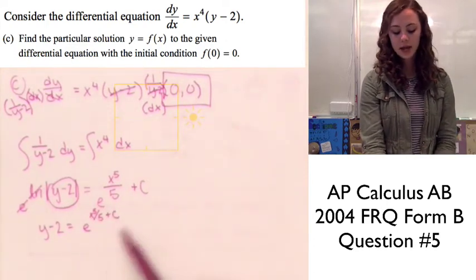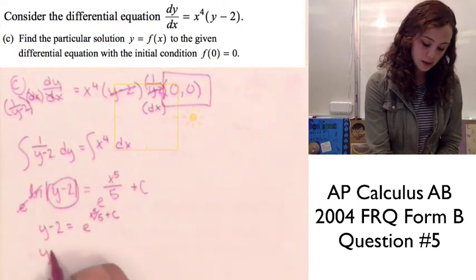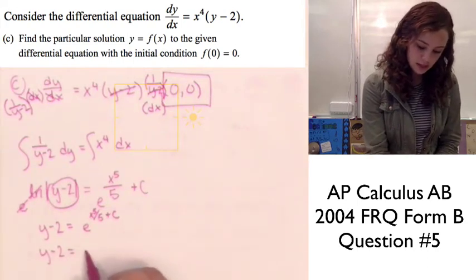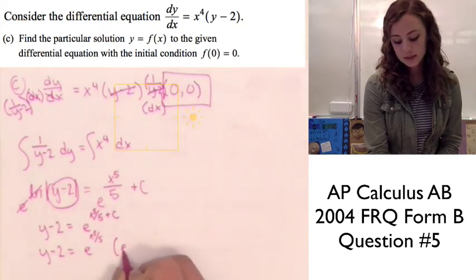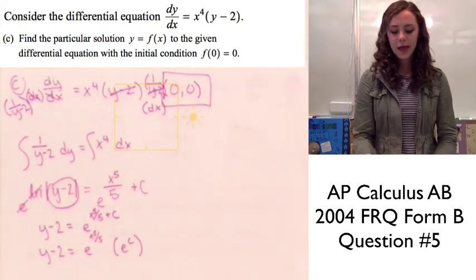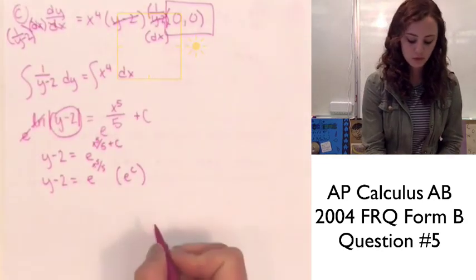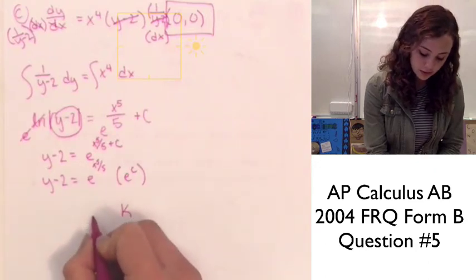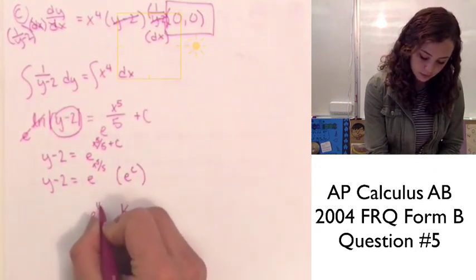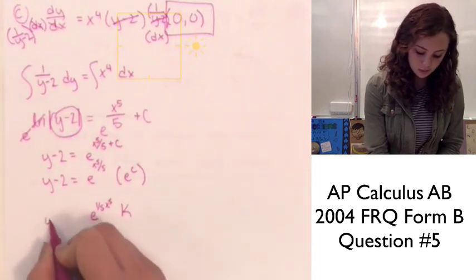And on this side, using our knowledge in algebra, we know that we can split it up into e to the x to the fifth over 5 times e to the c. And we know that e to the c is going to become our constant, so we can just replace this with a letter representing our constant. In this case, we'll make that k. So we know that e to the 1/5 times x to the fifth times k is equal to y minus 2.